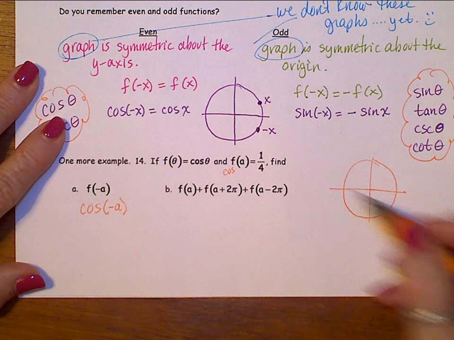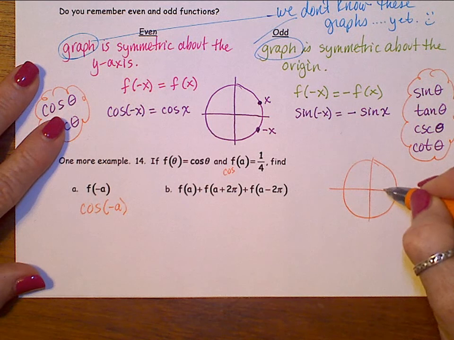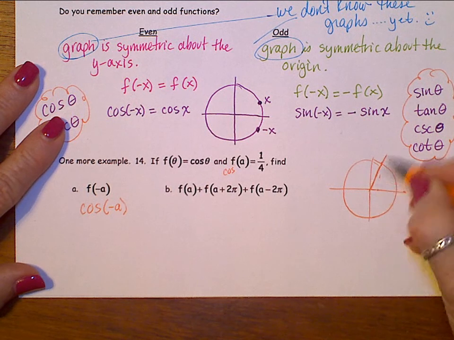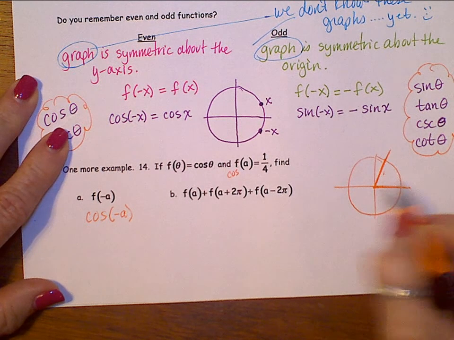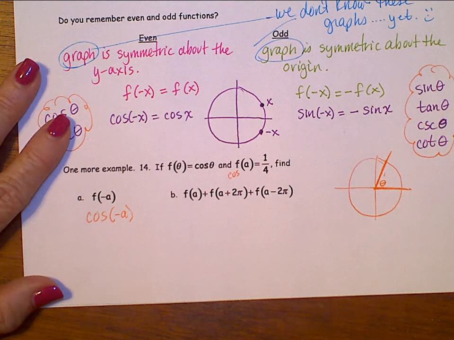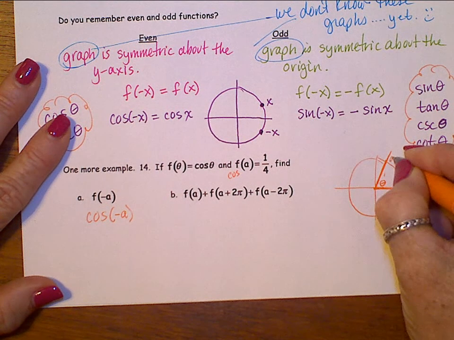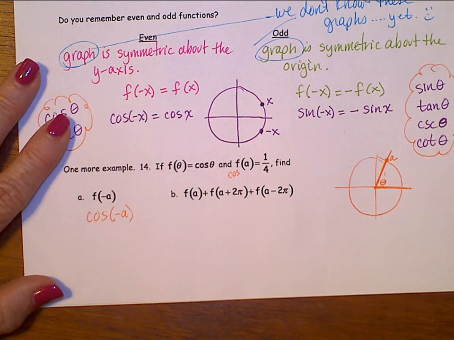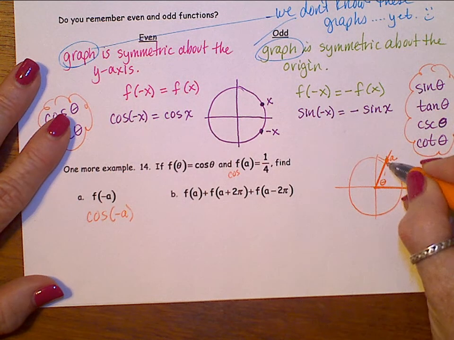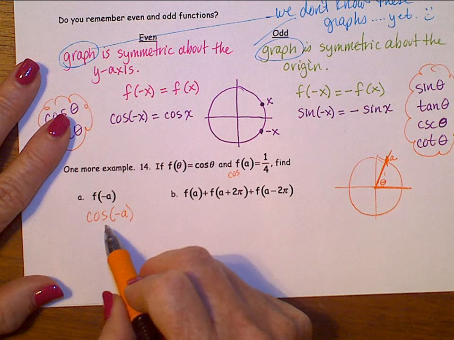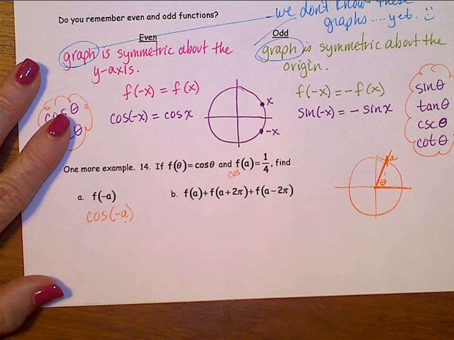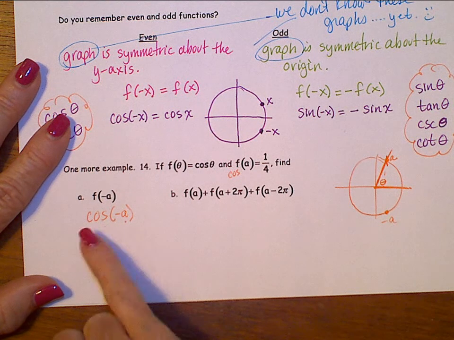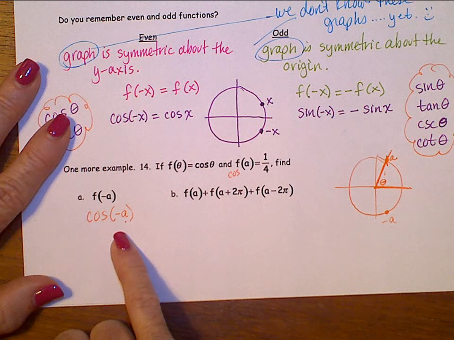Cosine's x coordinate on the unit circle, so we can come out about 1/4. And it's right there. There's that angle. There's A, that spot right there. That's the x coordinate. Well, where's the cosine of negative A? Where's negative A? Right down here. There's negative A. So the cosine of negative A is 1/4.